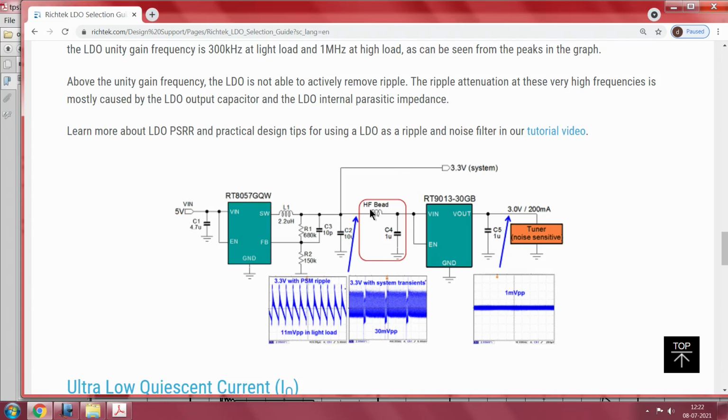Look up data sheets on high frequency beads. In essence, it is an inductor and a capacitor, essentially like a filter. You filter out the high frequency components and then feed it to this LDO. Now you get 3.3 noise free, ripple free as an input, and then you will get 3 volt 20 milliampere maximum load current, which can be directly connected to highly noise sensitive systems like tuners and so on.